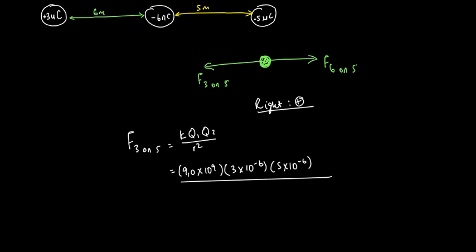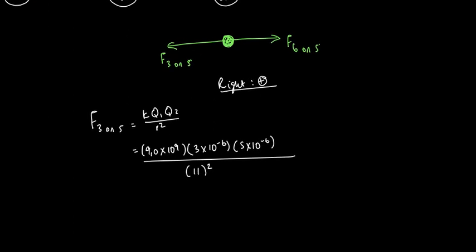Okay, what is the distance between this and that? This total distance here, good people, is going to be 6 plus 5. So that will be 11. That will be 11 squared.